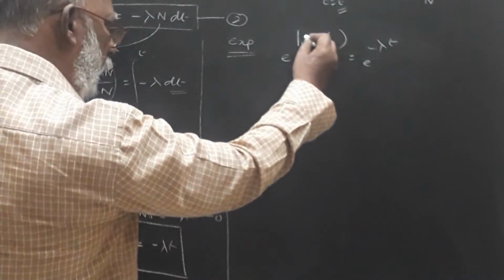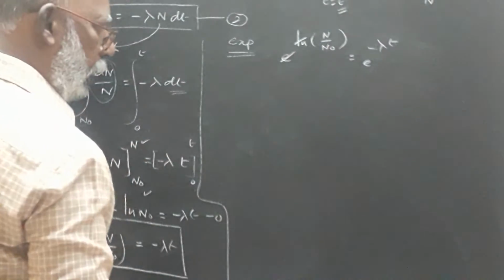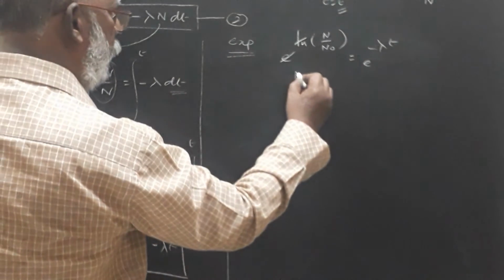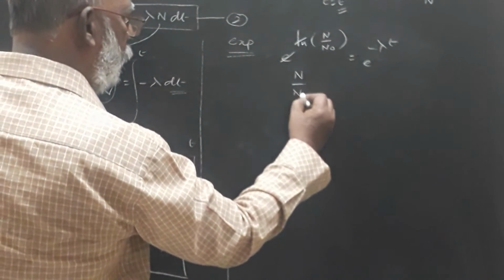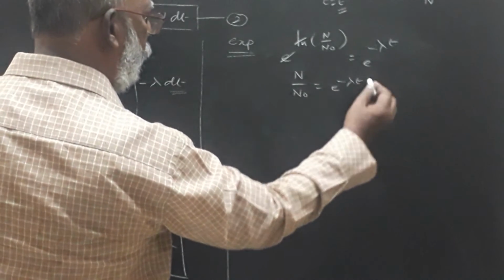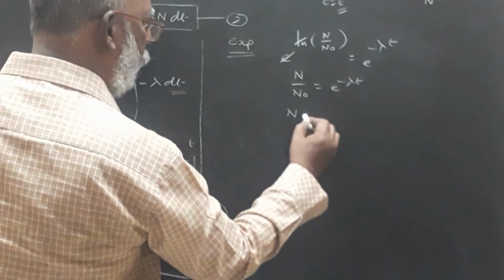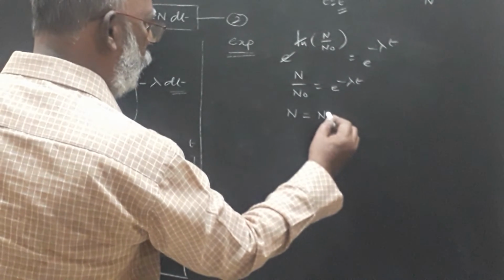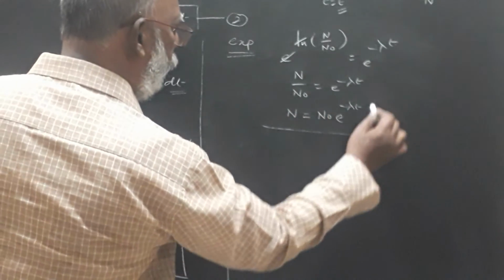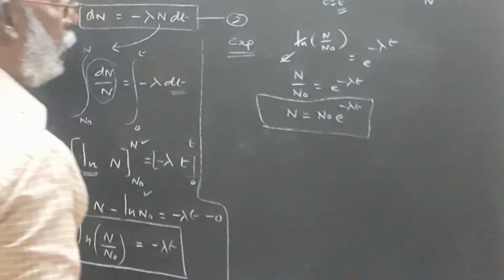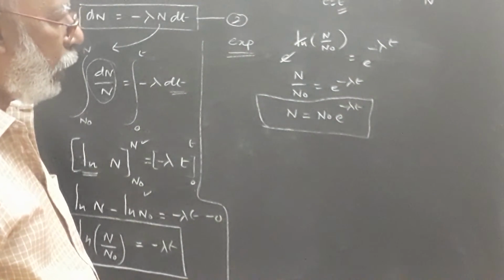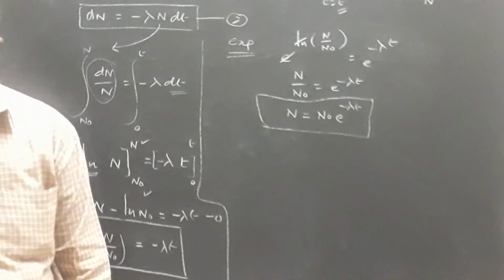Now the natural log and exponential cancel, so we get N by N naught equals e power minus lambda t, or N equals N naught into e power minus lambda t. This is the equation for radioactive decay.